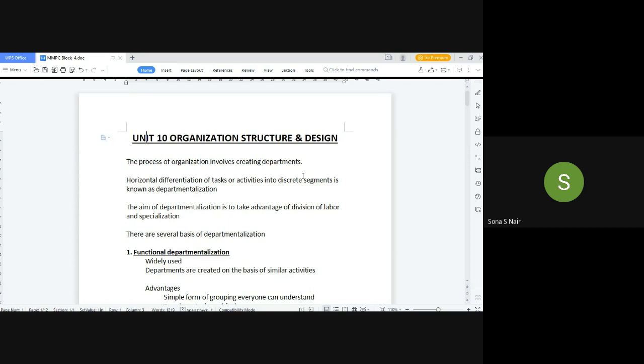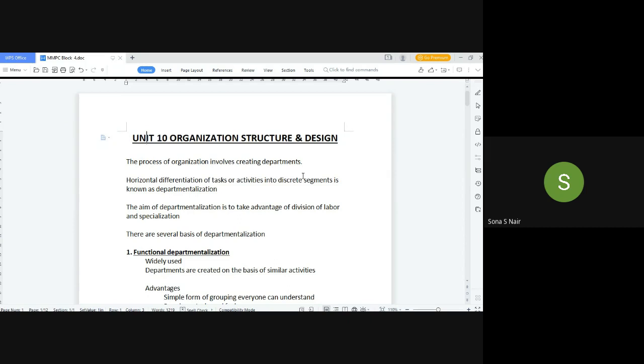Now, when we were looking at the organization process, we said that there is one step in the process of organization which involves creating departments. What are these departments? The departments are grouping of activities together into discrete segments and then calling them departments.